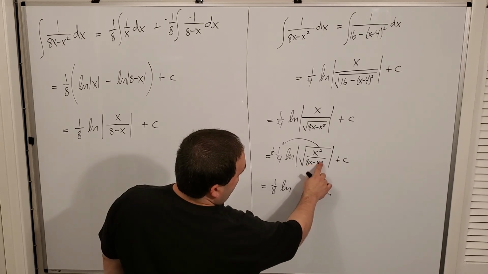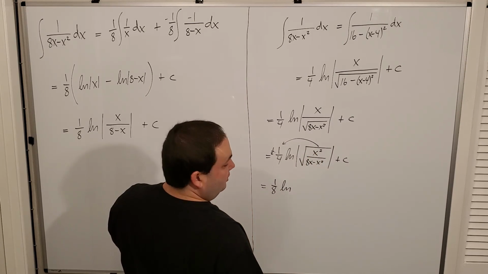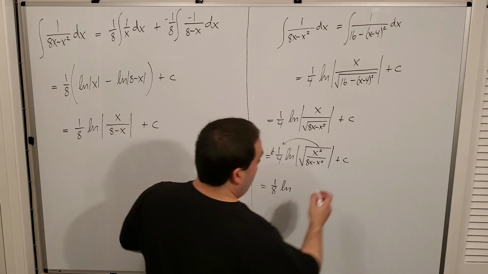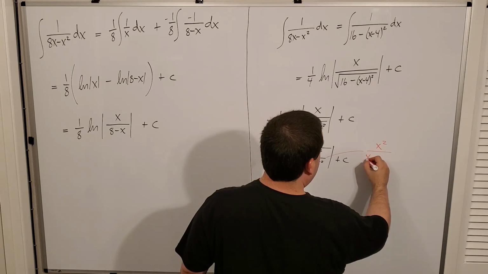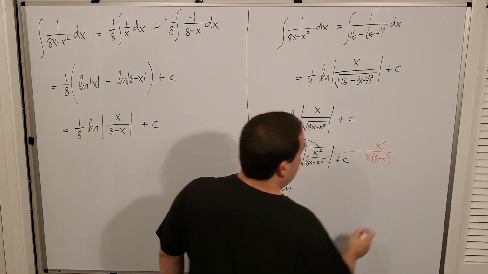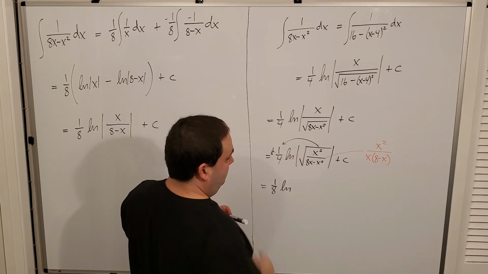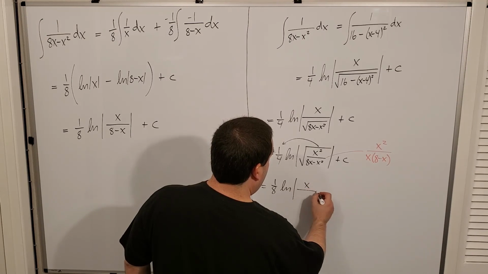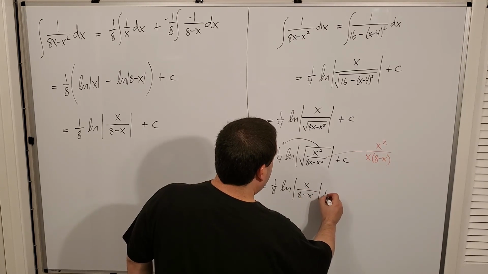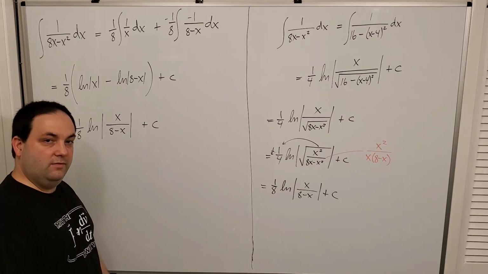ln. And then notice this fraction right here, if I factor out the denominator, this fraction right here would be this, which the x squared over x I can reduce. So I'd end up with absolute value of x over (8 minus x) plus C, which of course you'll notice is the same answer that we have just received over here.